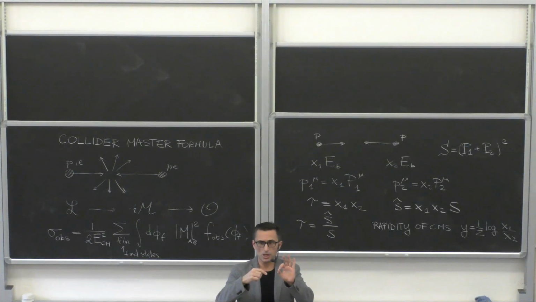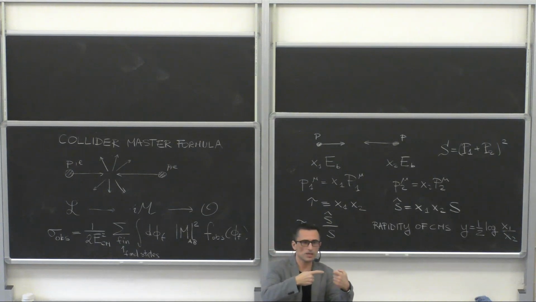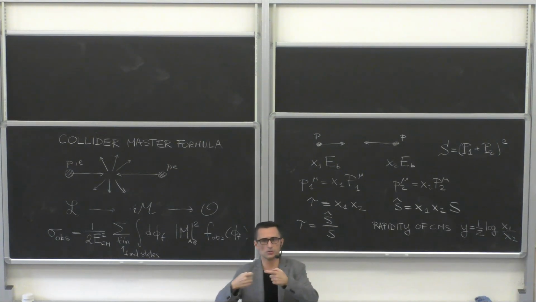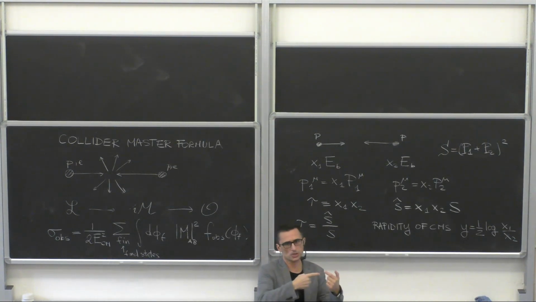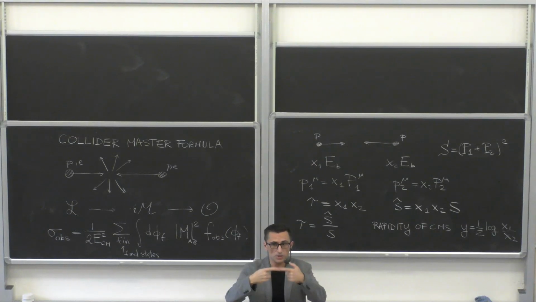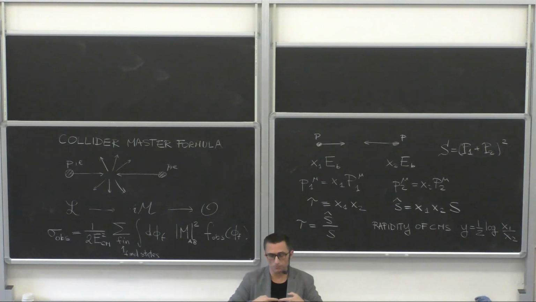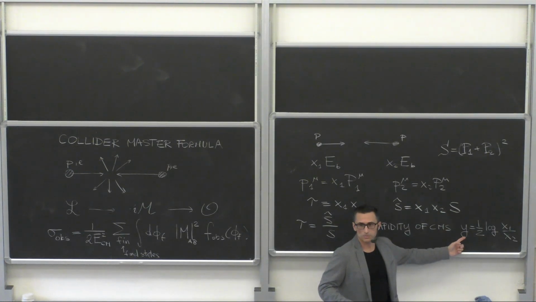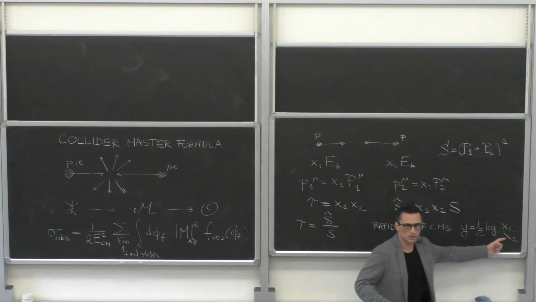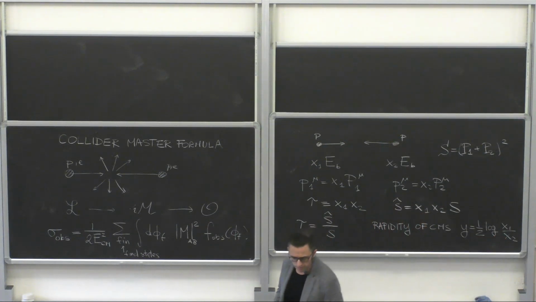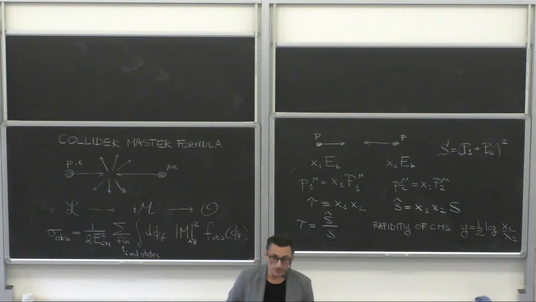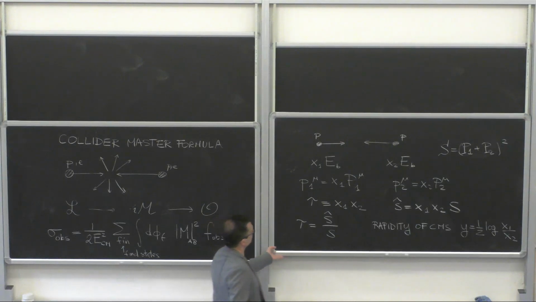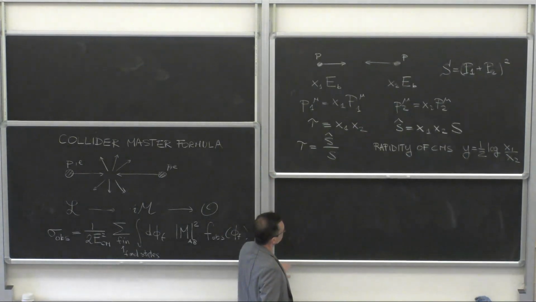If x1 and x2 are not the same, then the center of mass is boosted in one direction or the other, because one energy is larger. If they are the same, there is no boost. The center of mass of the particles is the same as the lab, and then the rapidity is 0. So if x1 is equal to x2, the rapidity of the center of mass is 0. That's the first rapidity that we use today.